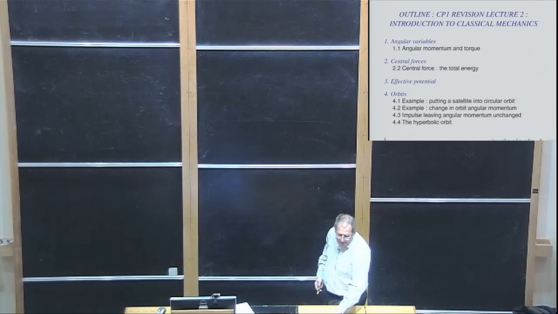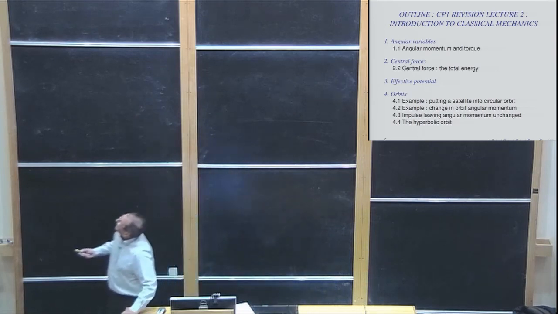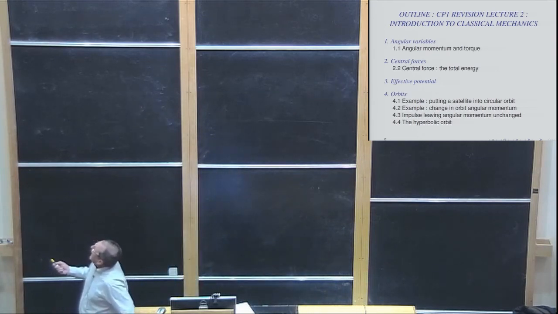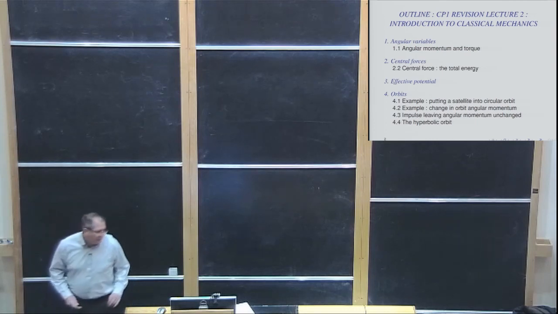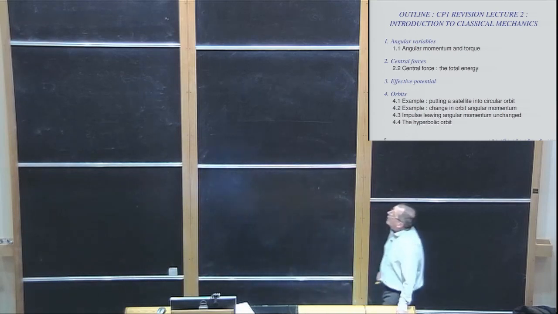Okay, so today we will be talking about angular momentum and spend a lot of time reviewing the essentials of central forces, gravitation and orbits. Tomorrow then will be spent looking at moments of inertia and Lagrangian mechanics.